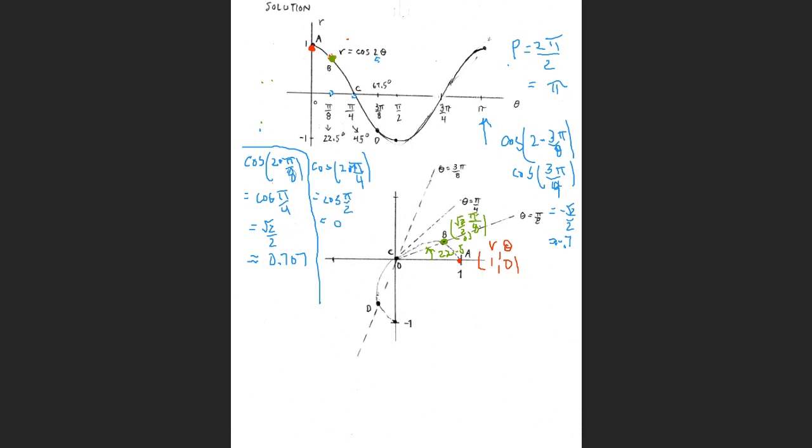All right, for C, when you're looking in the direction of 45 degrees, the radius is 0. So that's C. And so you see what we're doing is, as we trace out the function, we trace out the polar graph. Let's do a couple more here.